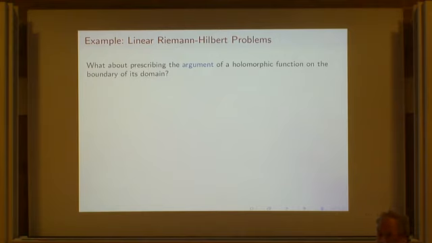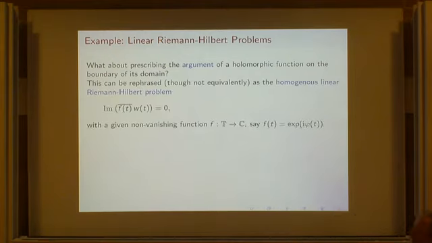So when we prescribe the modulus, then it's a natural question also to prescribe the argument. This leads more or less, it's not equivalent, to the homogeneous linear Riemann-Hilbert problem. This is the usual way to write such a problem.